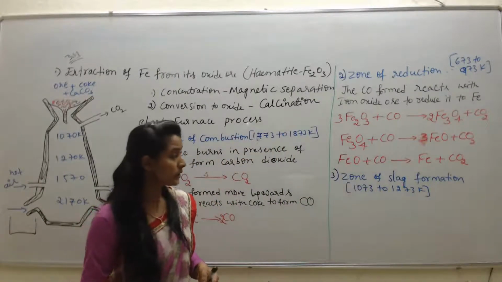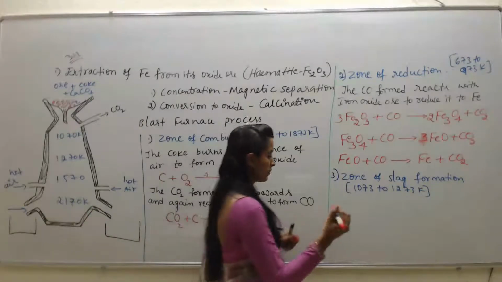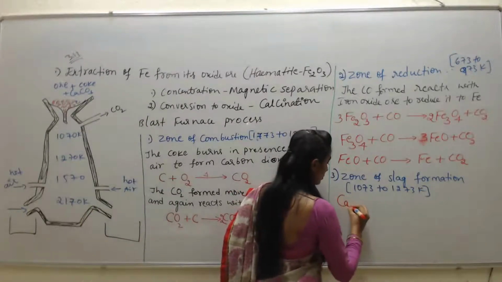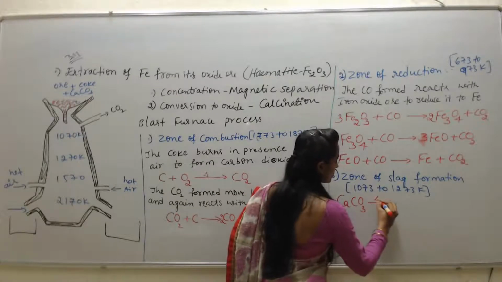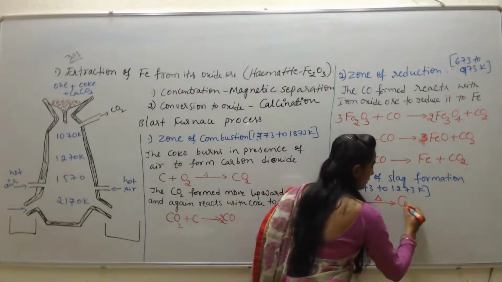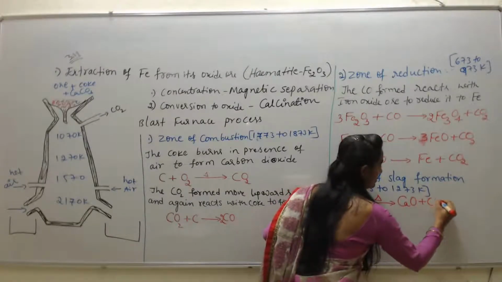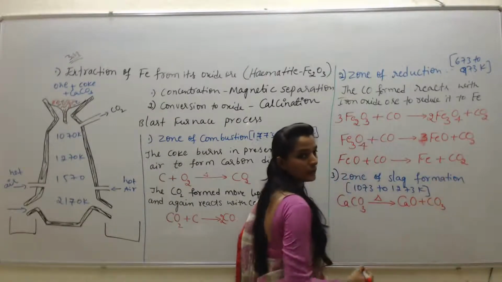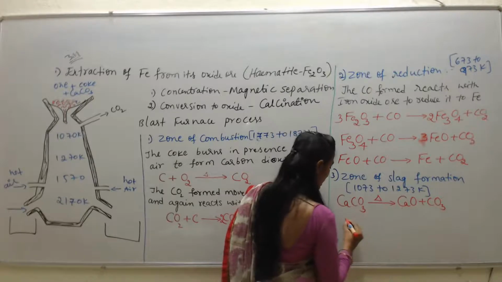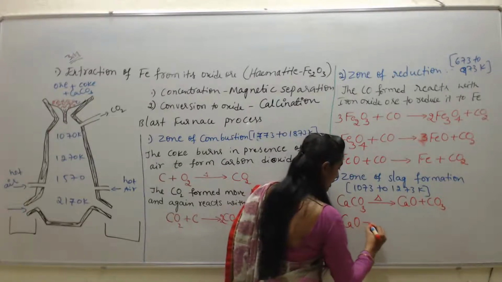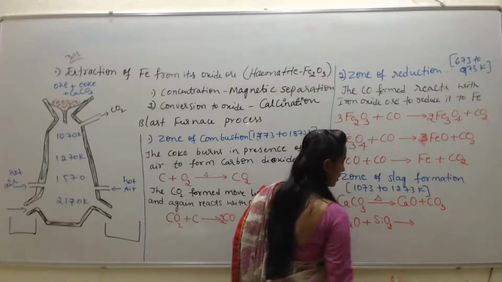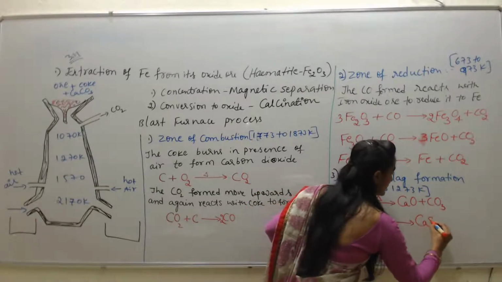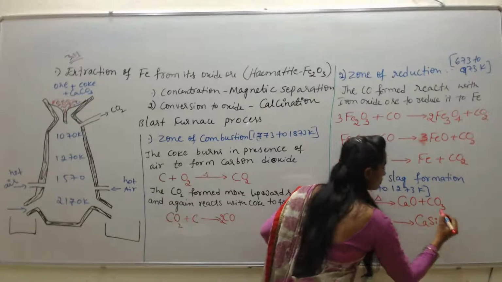Okay, so what happens in this zone of slag formation is the CaCO3, the calcium carbonate, is heated, we form CaO plus CO2. Okay, this CaO reacts with SiO2, the silica present in the ore, to form CaSiO3.